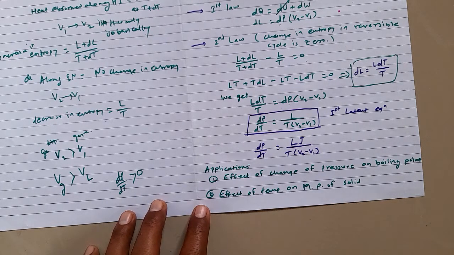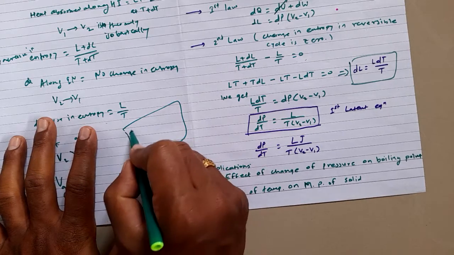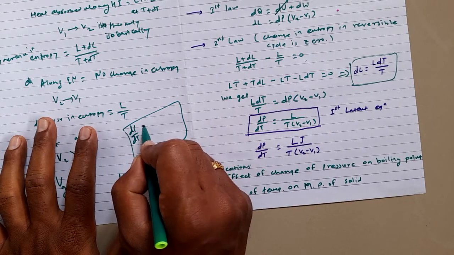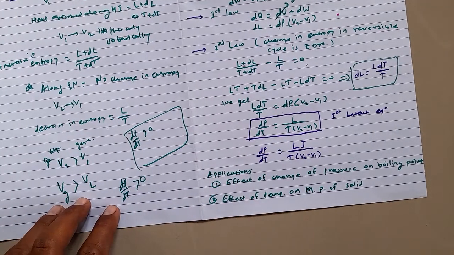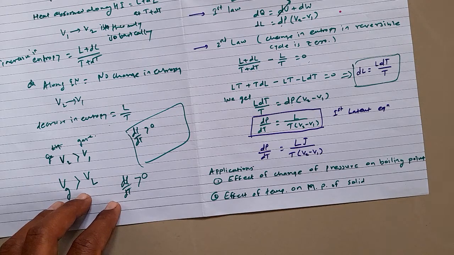For a substance which expands on melting, the volume of the liquid is greater than the volume of the solid. In such cases dP by dT is a positive quantity, so we get a similar result. It means that the melting point increases with the increase in the pressure.